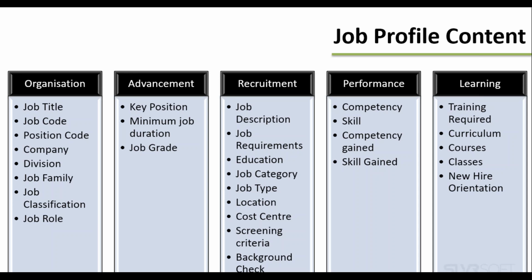So if I want to be an executive PA and the minimum job duration is 12 months, I know that once I go into that position, I have to be there at least for a year in order to gain the necessary skills and competencies. So it's just a guideline, but it's there to establish a timeline for a career path and to manage the expectations of the employee. The job profile also needs to have recruitment.